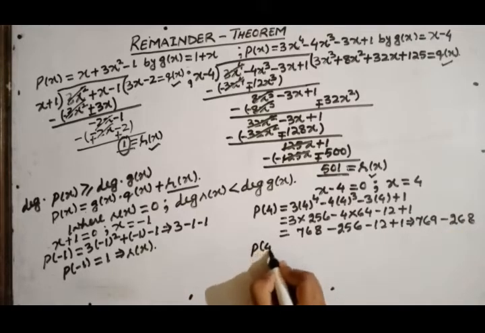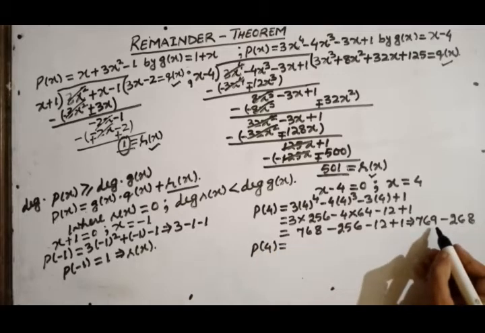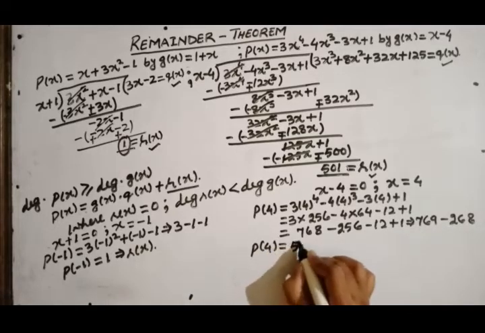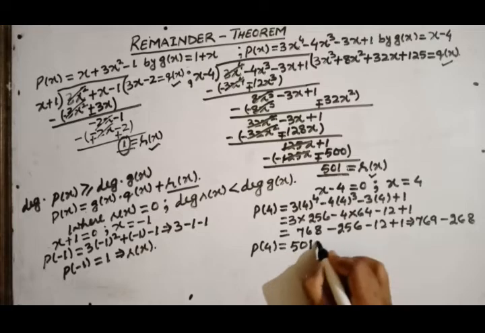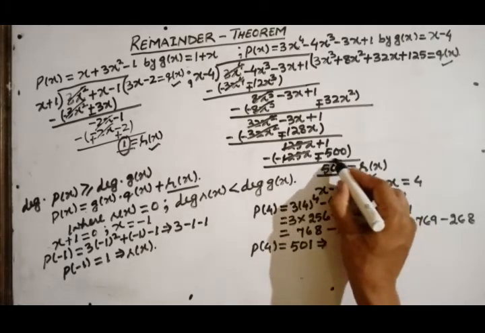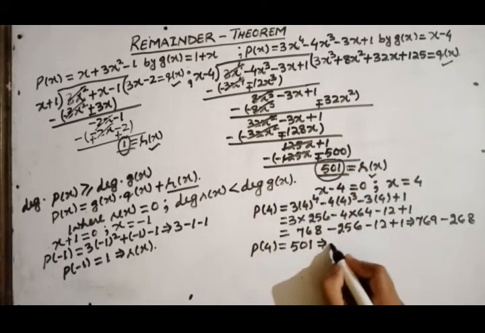So the polynomial at 4 is 501, and this is the same as the remainder calculated earlier.